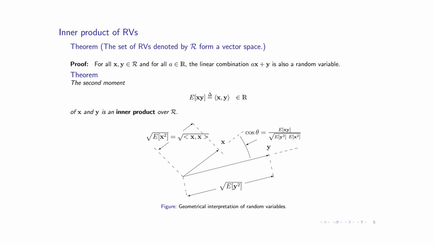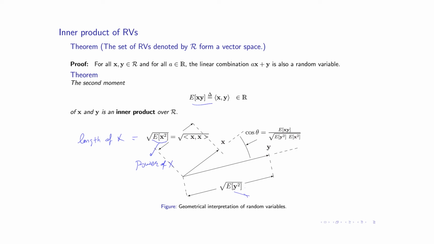Using this instrument, I could calculate the length of x. I calculate the inner product of x with itself, take the square root, and I get the length of x. Sometimes this length to the power of 2 is called the power of x.